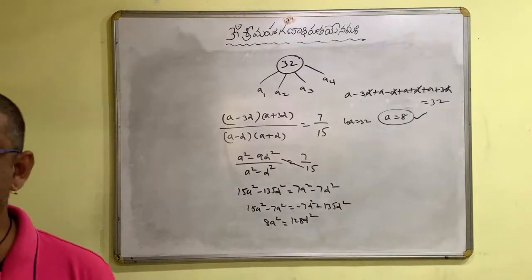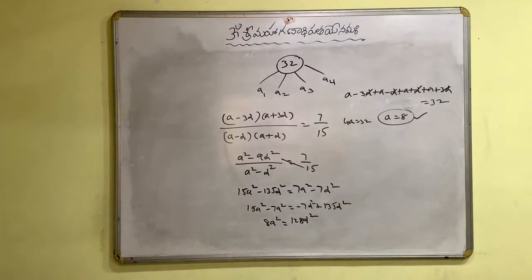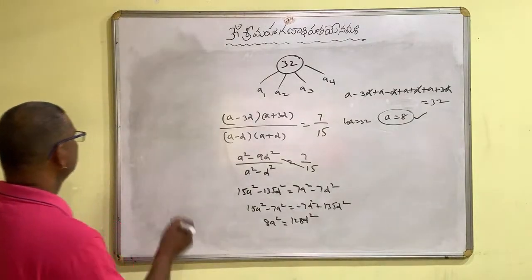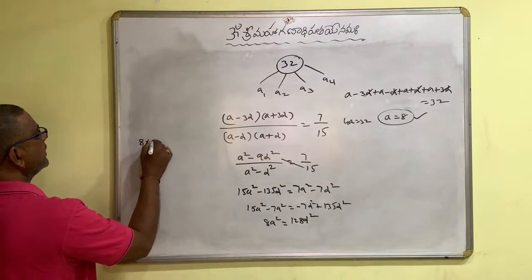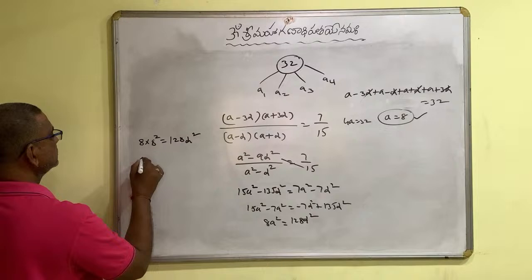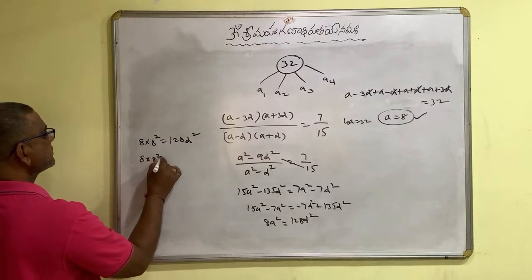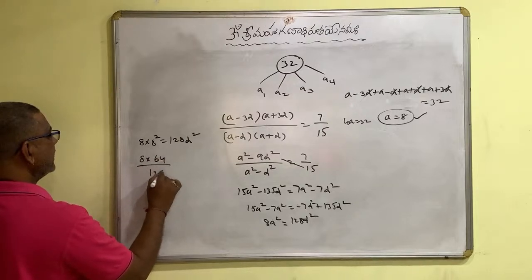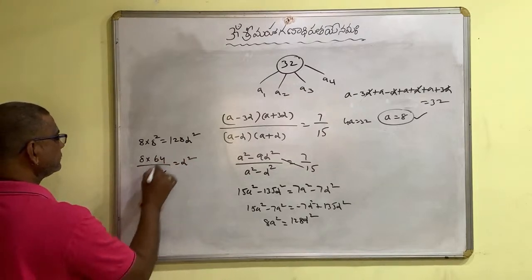D plus or minus 2, sure? 8 into 8 square equal to 128d square. 8 into 8 square means 8 into 64, divided by 128 is equal to d square.